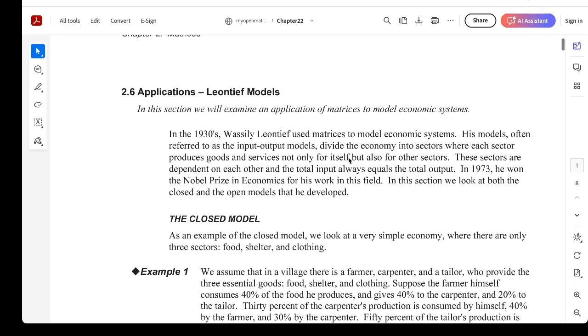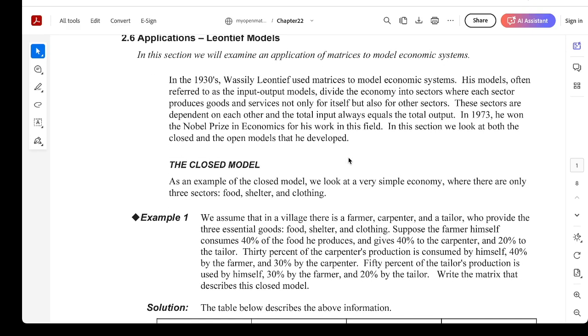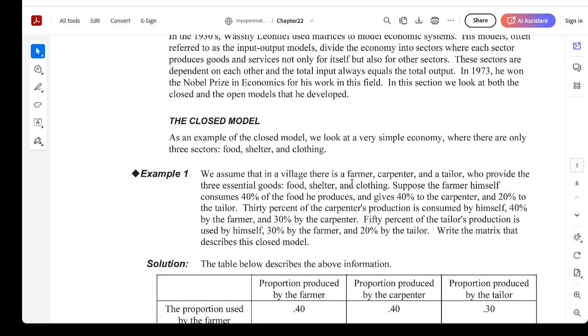Well, let's look at a closed model first, and I really like the approach they're taking here of just doing an ultra simplified thing. Well, I'll make a comment here that if you had a tiny little village with just three people providing all the goods, a farmer, a carpenter, and a tailor, and I suppose their families, you would probably have a sort of communist arrangement where everybody just bartered, right?